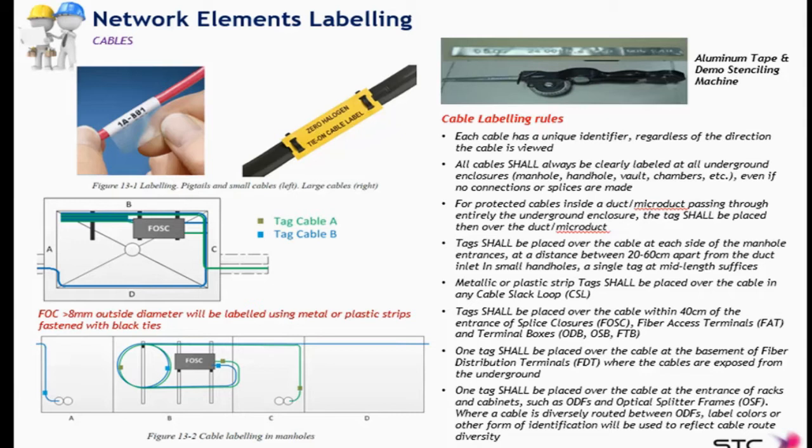Mandatory rules to follow. At the manhole entrances, the cables have to be labeled between 20 and 60 centimeters from the duct inlet. So this distance here is between 20 and 60 centimeters. When it comes to the splice closures, the distance between the closure inlet and the label itself has to be within 40 centimeters.